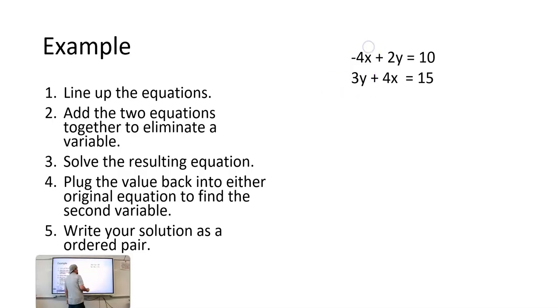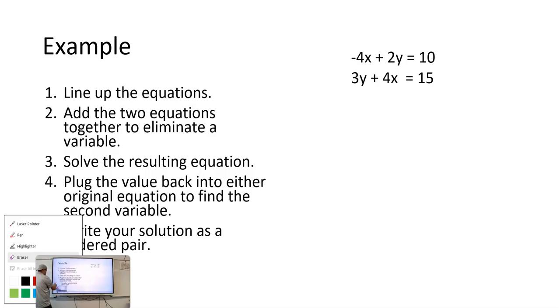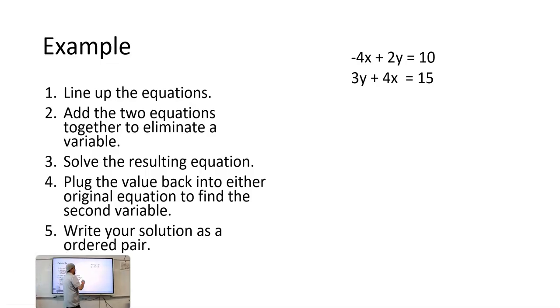So just to make things easier, I'm going to rewrite the bottom equation. I'm going to rewrite it as 4x, because it's a positive 4x, and this 3y was positive because there's no negative in front of it. So I'm going to write it as 4x plus 3y equals 15. And now I'm just going to ignore this one. Now you can notice it's lined up. I've got my x's as the first term, my y's as the second term, and it's equal to the constants.